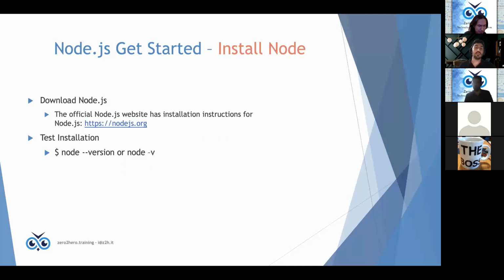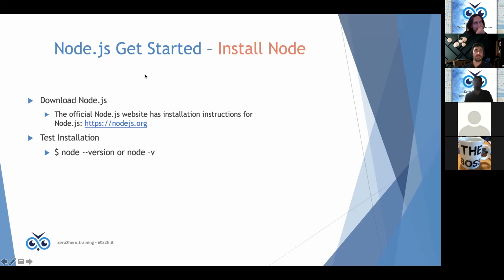On the nodejs.org website, in the download section, according to your operating system, you can select the Node installation, and you can follow the steps of the installer, which is pretty easy. After that, you can check the installation by writing node --version, or more easily node -v, into the terminal, and you can check if it's installed or not.